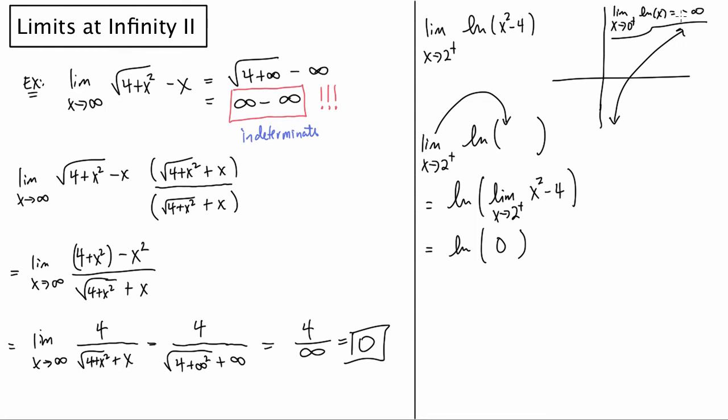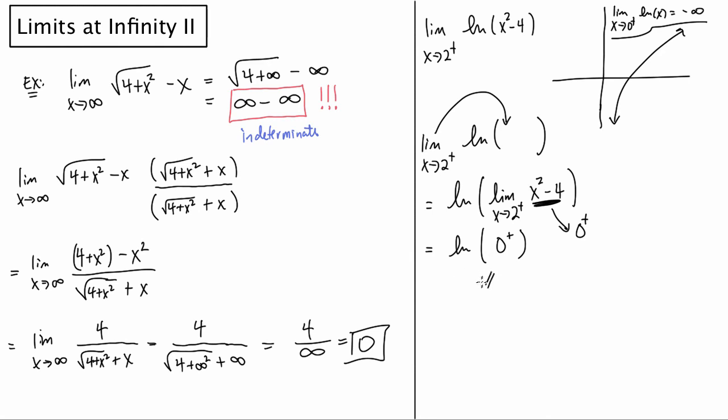So the point is, as x goes to 2 from the right, x squared minus 4 approaches 0 from the right. And one of the notations that we'll often use when we know that the limit is a one-sided limit, rather than just write natural log of 0, is to write natural log of 0 plus.